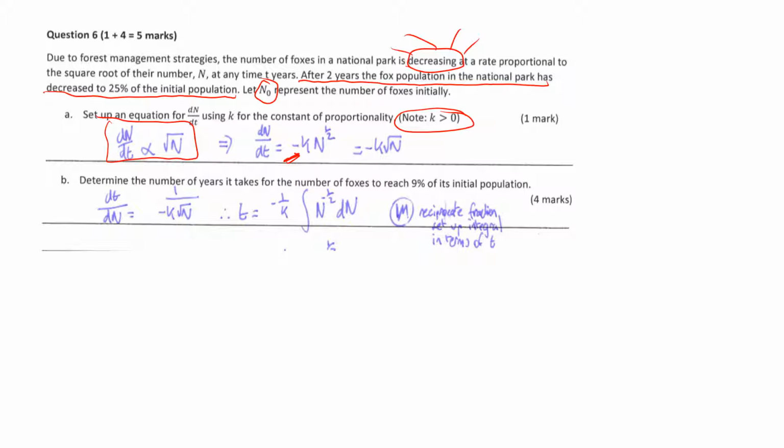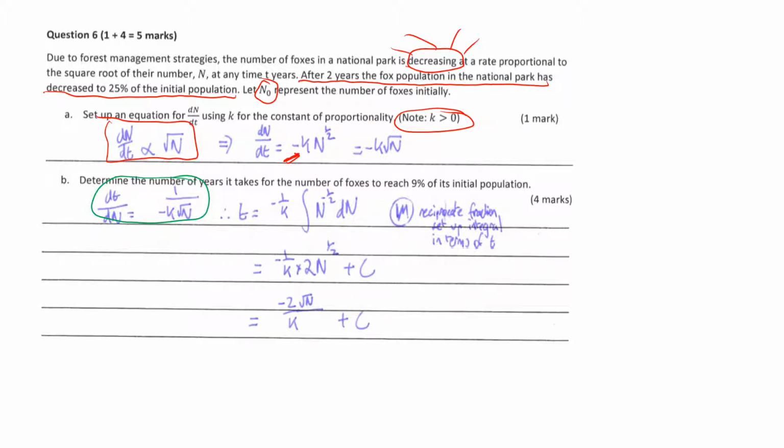So first thing is, let's begin the solution process. And we've got dn/dt as a function of n. So in order to apply our calculus skills, we need to reciprocate that rate of change to dt/dn, and off we go. So I was looking for that kind of statement to kickstart the question. Of course, adding 1 to minus a half is a half, dividing by a half is multiplying by 2, leads you to this expression over here.